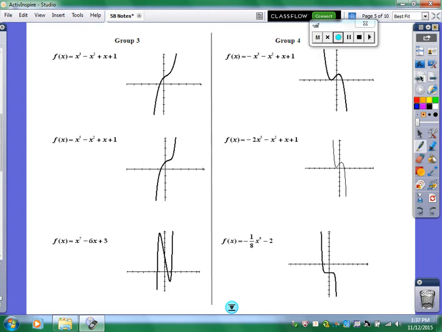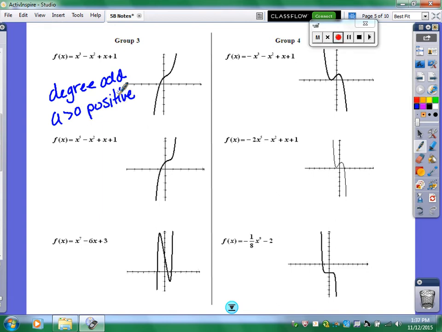Let's go back and look at groups 3 and 4. What is group 3? All the degrees in group 3 are 3, 5, and 7, so they're all odd degrees. In this case, A is 1 for all of them, so A is greater than 0, so it's positive. I already said that when you have odd degrees, they go in opposite directions.